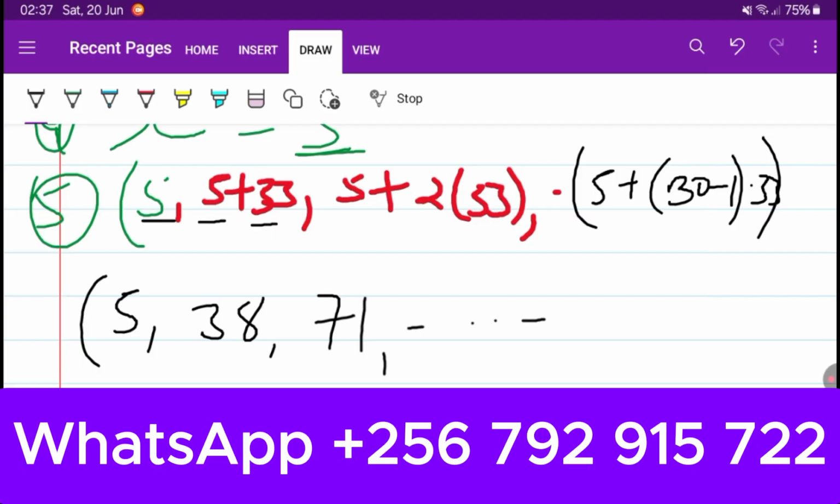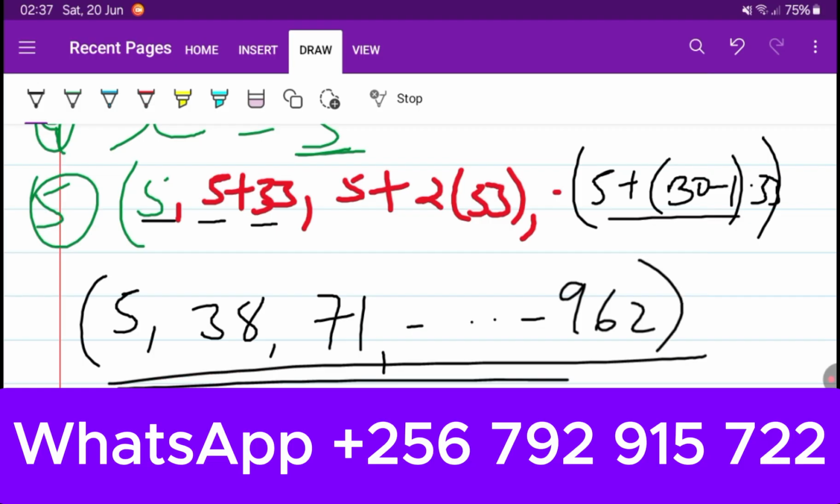Then you move and you solve also this one. This one will give you 962, and that will be your last sample item. So that's the systematic sampling.